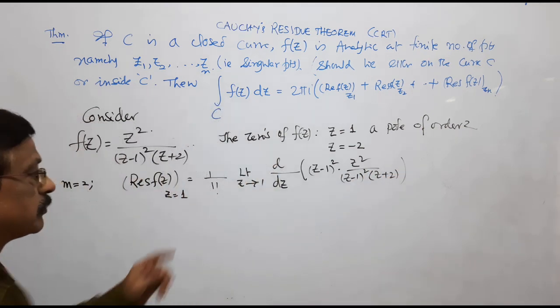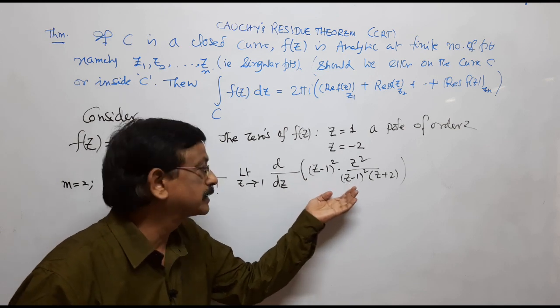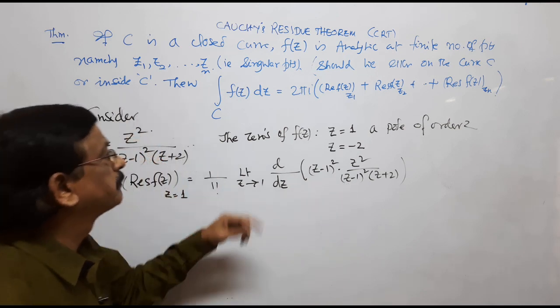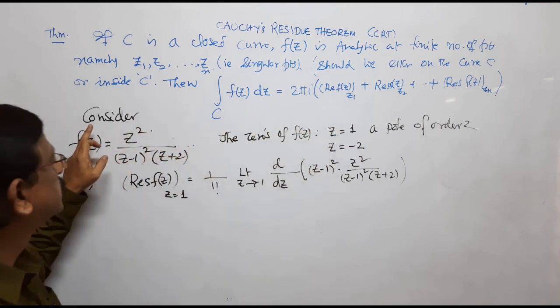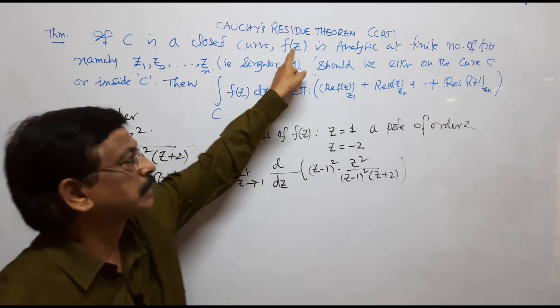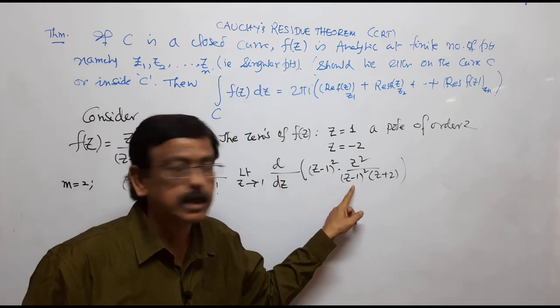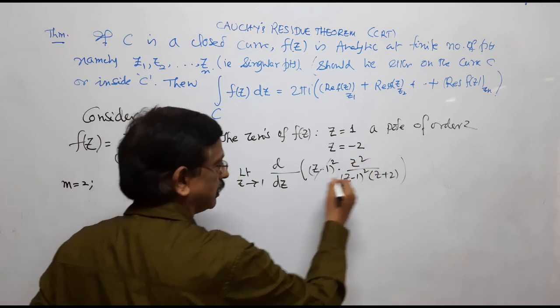All the time I am repeating this because the factor has to be cancelled. When I am looking at the residue at a singular point, the factor (z minus 1) should go out. So you have to cancel this.